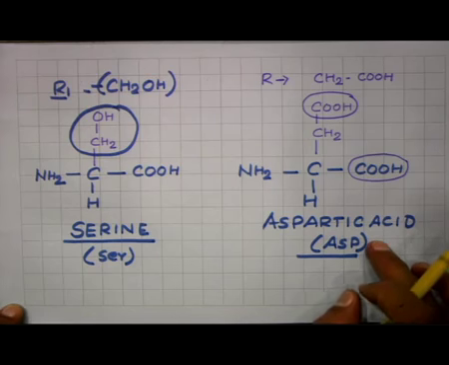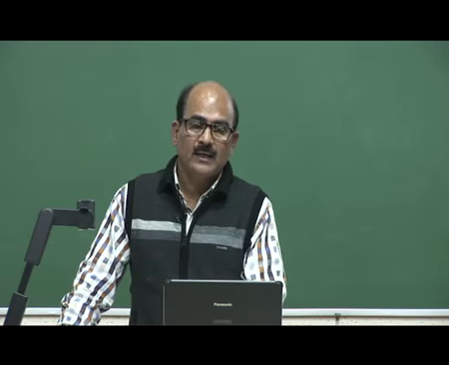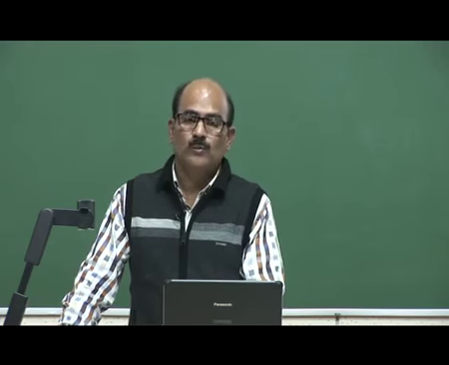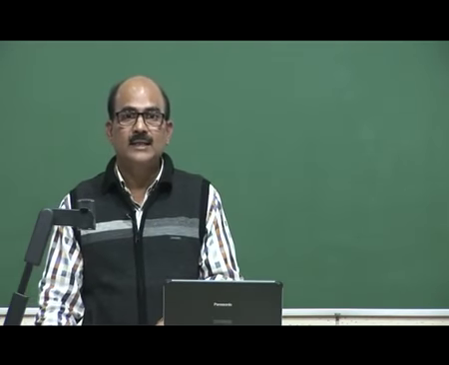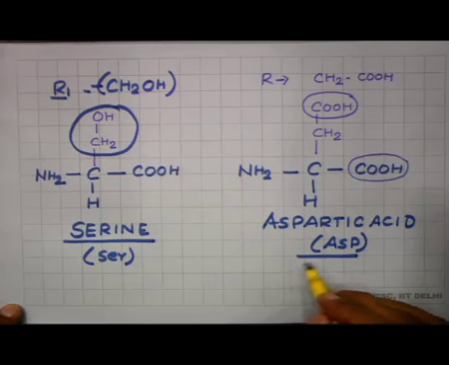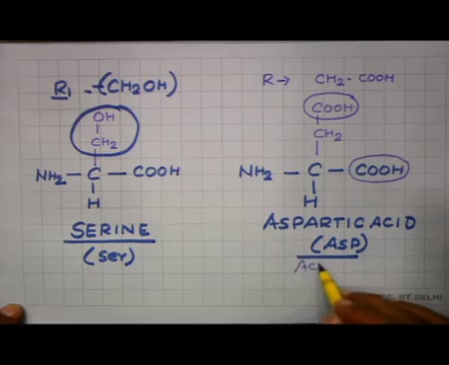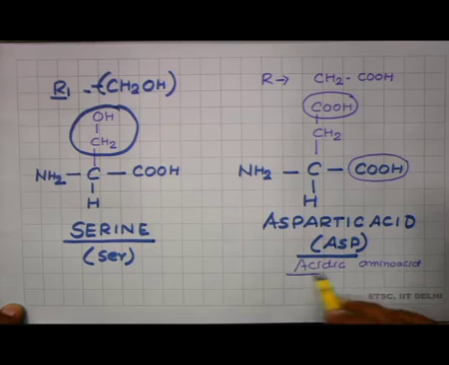So, this type of amino acid, when there is a large number of COOH groups in comparison to the amino group, is considered an acidic amino acid. So, we can say aspartic acid, as the name indicates, is an acidic amino acid.